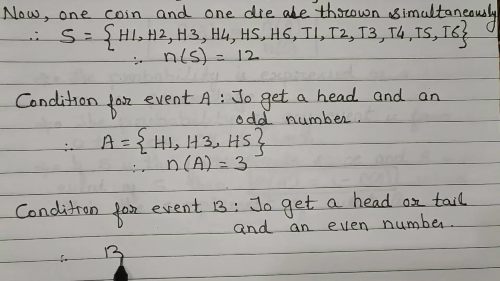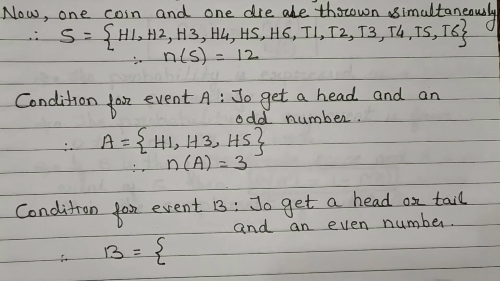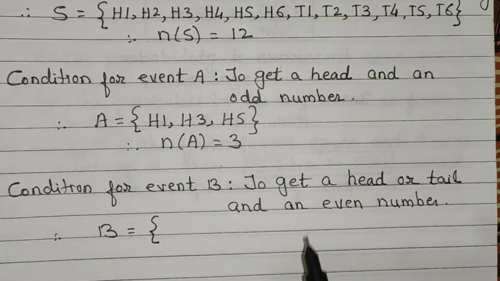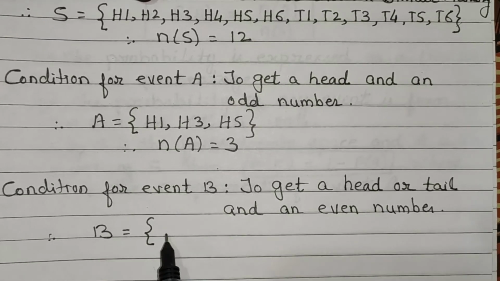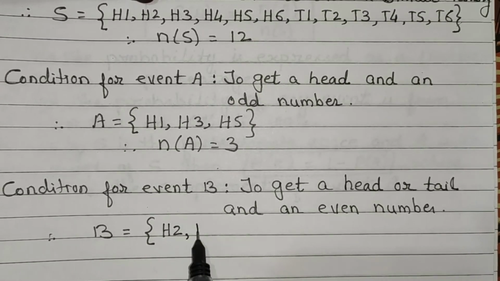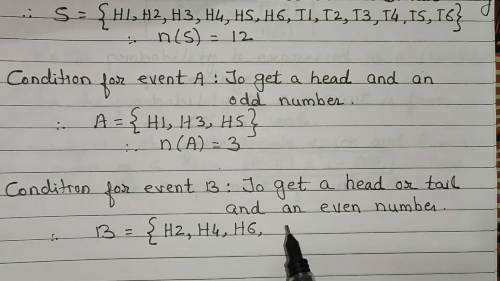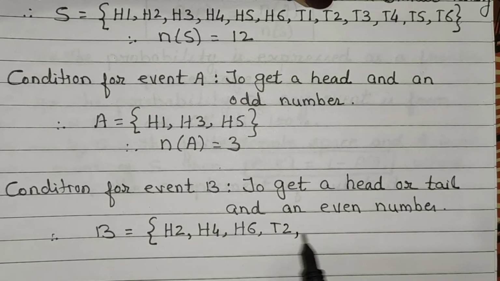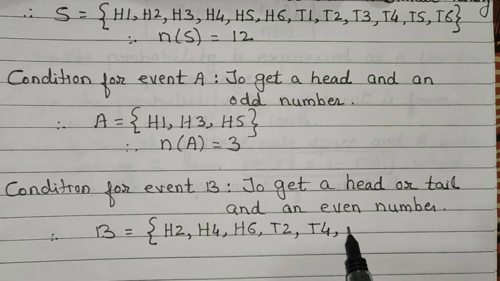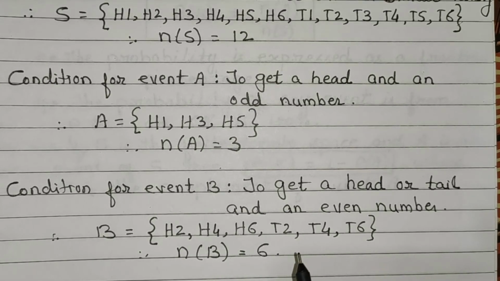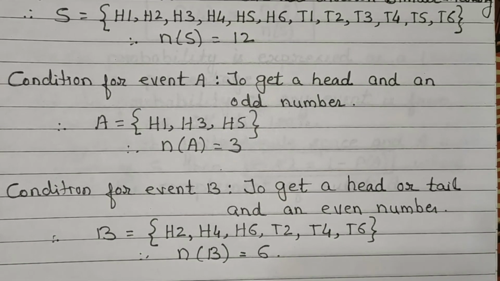Therefore, B is equal to, now look at sample points here. Head or tail with even numbers are H2, H4, H6 and T2, T4 and last one is T6. Therefore, N of B is equal to 1, 2, 3, 4, 5, 6. Write down here answer. N of B is equal to 6.